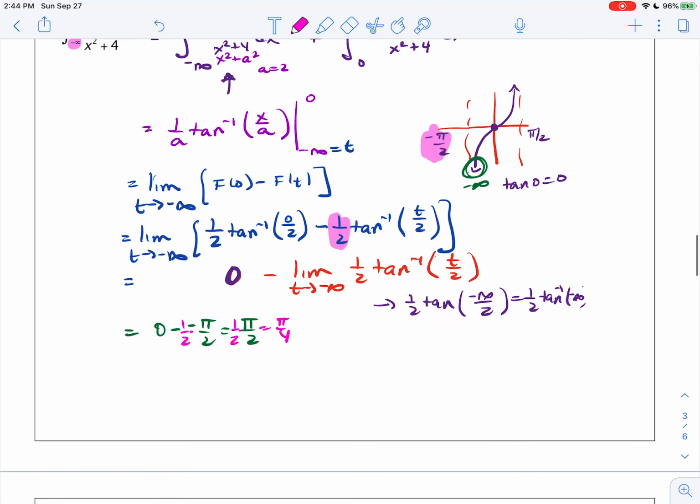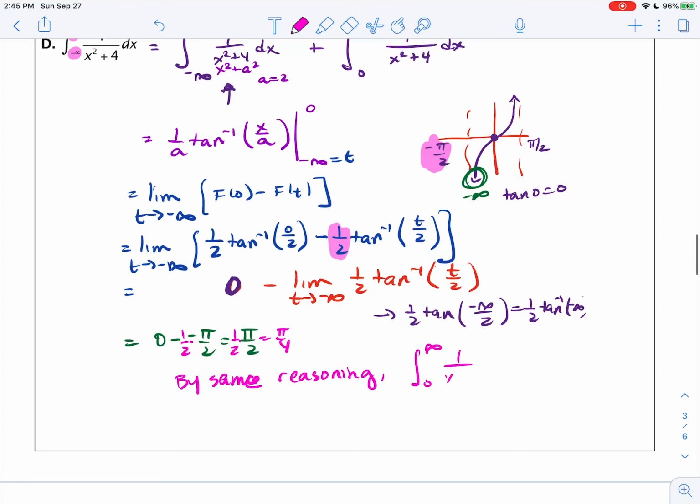And by the very same reasoning, because I'm going to end up with the same result for 0 to infinity, the integral from 0 to infinity of 1 over x squared plus 4 dx is going to be 1 over 2 inverse tangent of x over 2 from 0 to infinity.